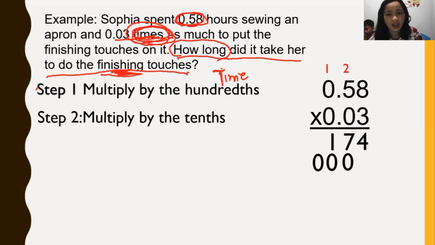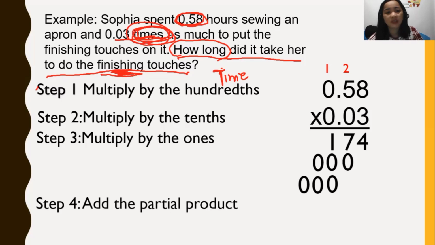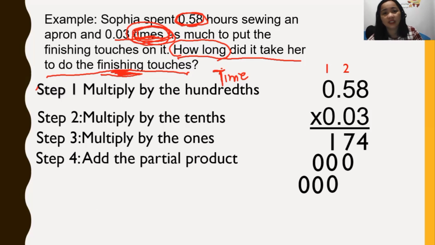Now we multiply the ones. 0 times 8 is 0. 0 times 5 is 0. And 0 times 0 is 0. So here, as you can see, we have 3 layers, or what we call the partial products. So our step 4 is to add the partial products.